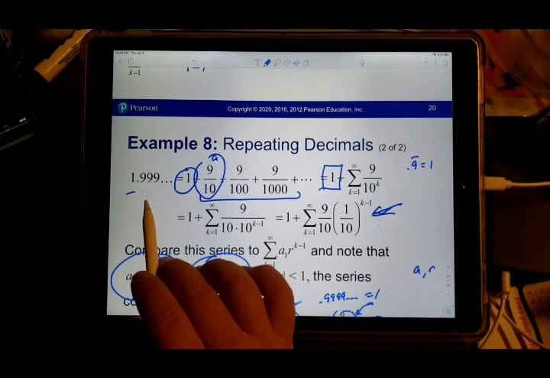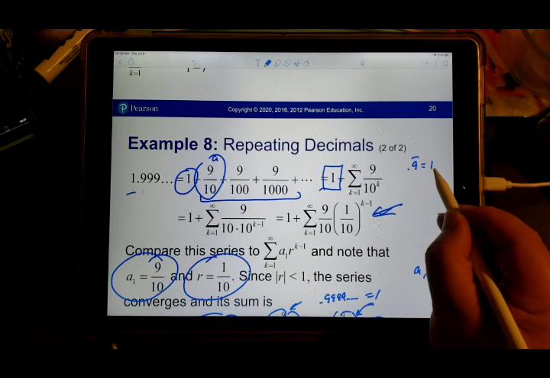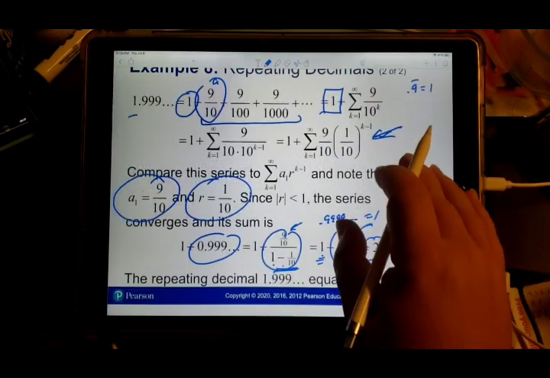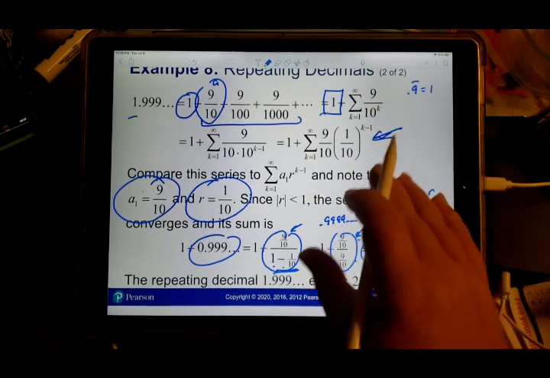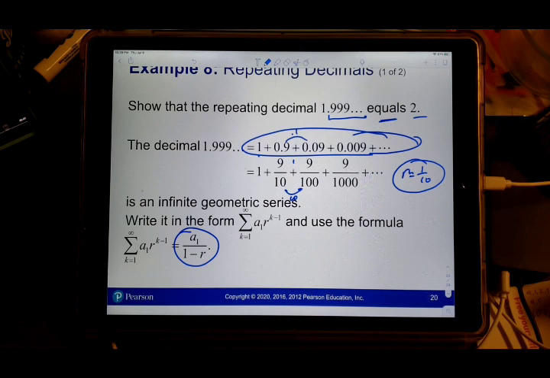People who haven't reached this level of math have a little trouble accepting that 0.9 repeating is actually equal to 1. But if we believe our formulas, specifically this formula here, then we've just verified that 0.9 repeating is 1.